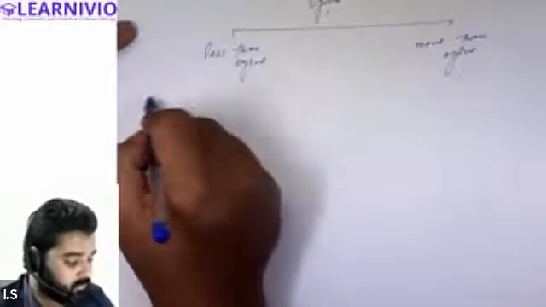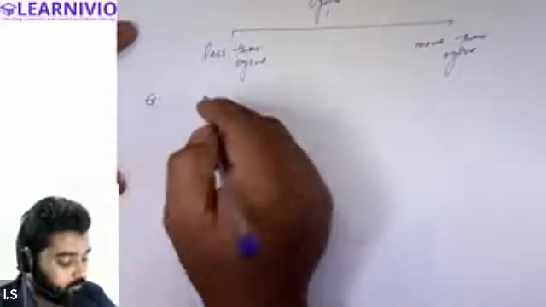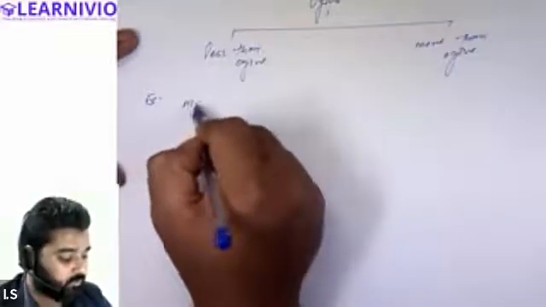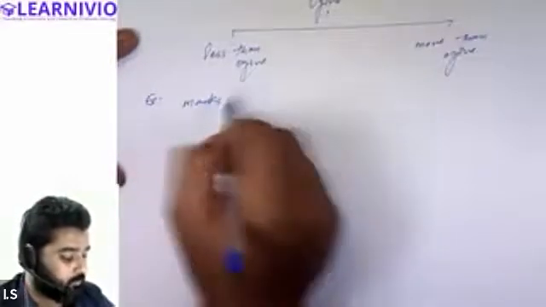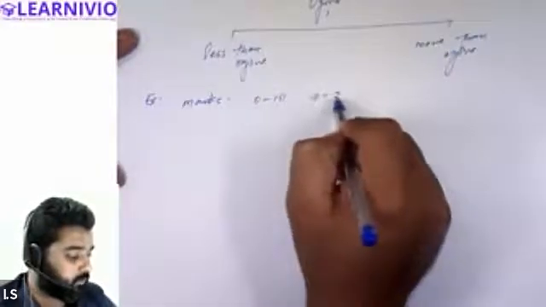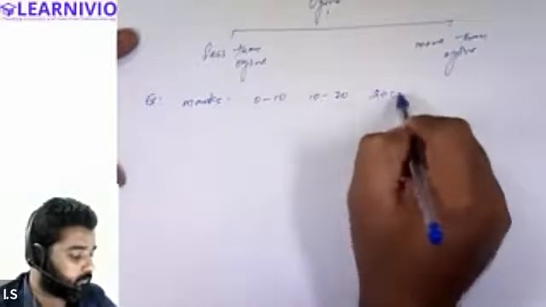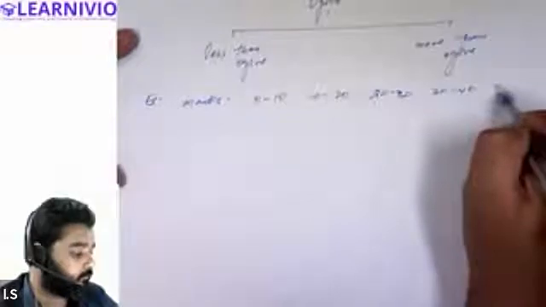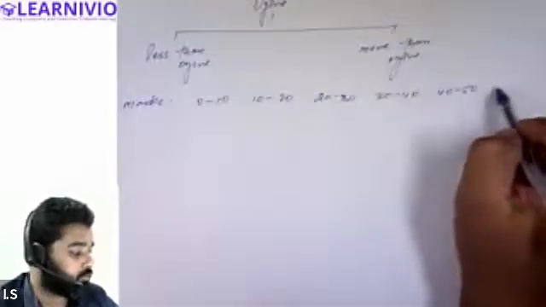So let's take an example. Suppose these are the values you are provided with. These are the marks of students: 0 to 10, 10 to 20, 20 to 30, 30 to 40, 40 to 50, and 50 to 60.